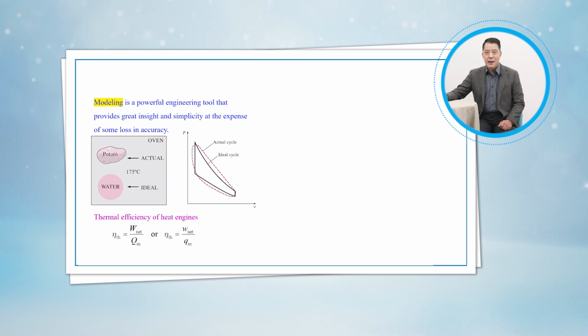Heat engines are designed for the purpose of converting thermal energy to work, and their performance is expressed in terms of the thermal efficiency, eta_th, which is the ratio of the net work produced by the engine to the total heat input.